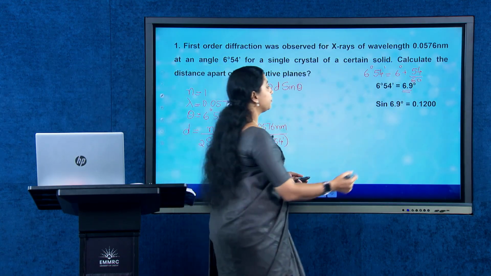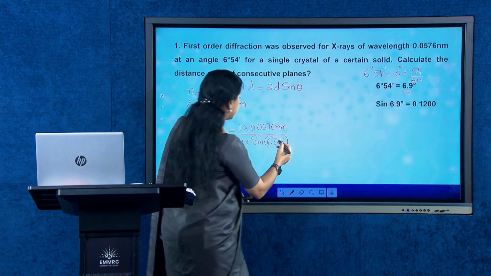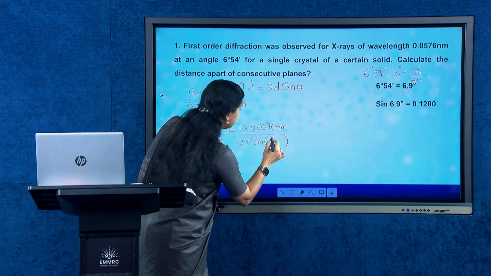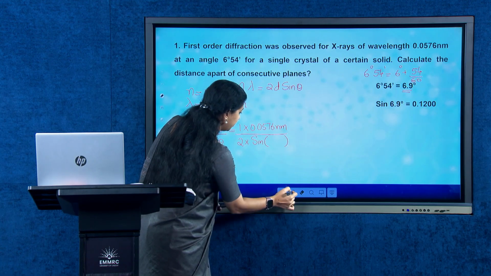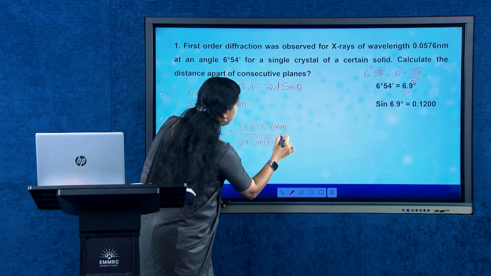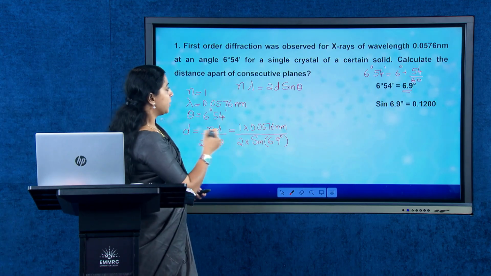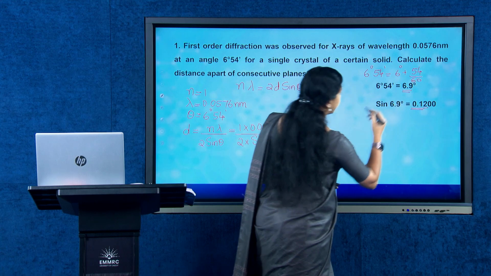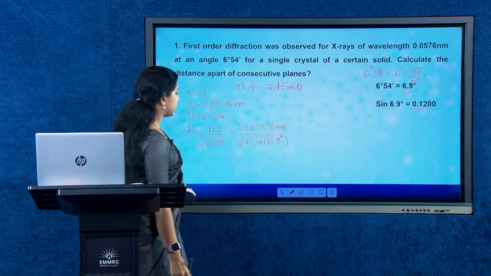So, instead of sine 6 degree 54 minutes, now you can write 6.9 degree. The value of sine 6.9 degree is 0.1200. Then you can substitute this.